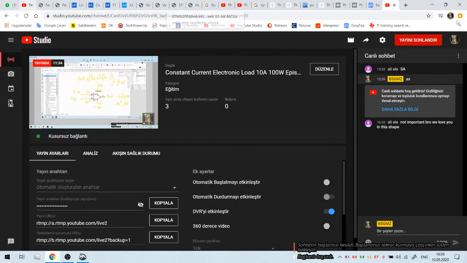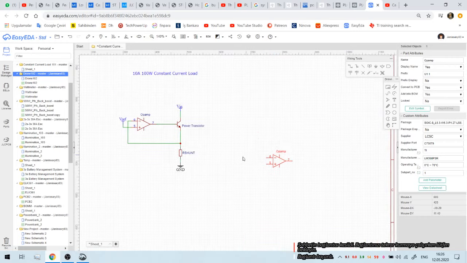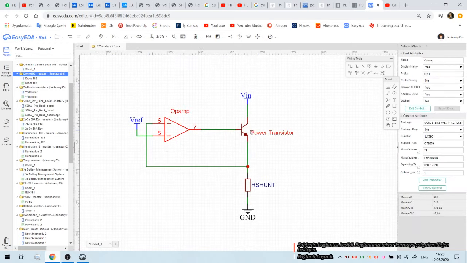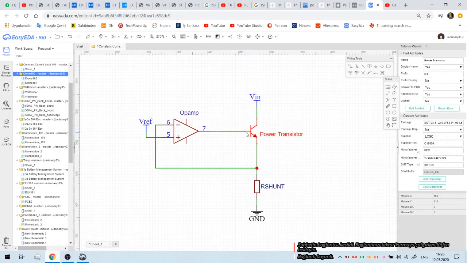So we can use these two basic components, one BJT, or maybe it is a power transistor, it is not necessary to be a BJT. It can also be an N channel MOSFET, which is suitable.